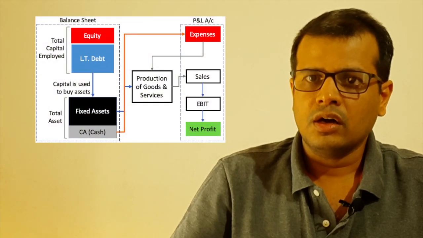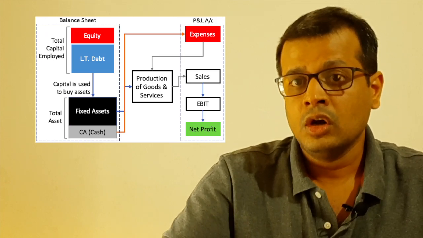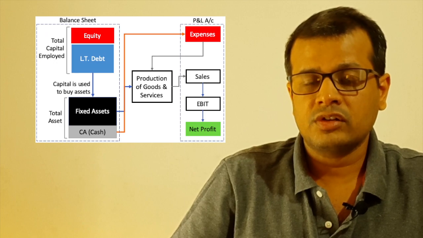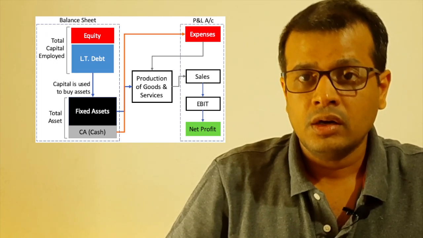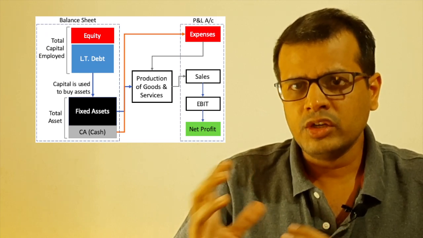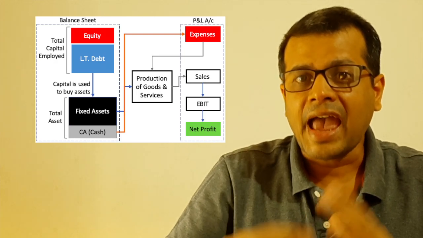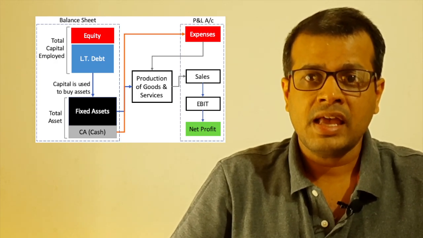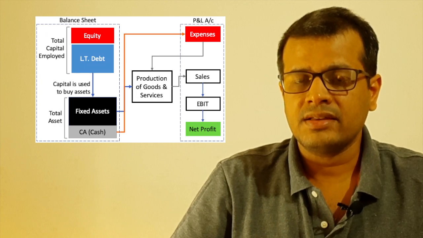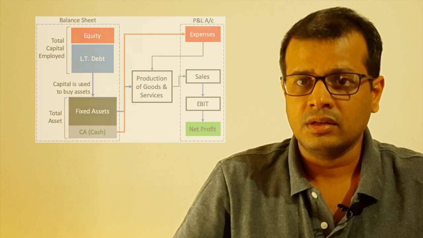Now, you have taken a loan for your business, and you will use this loan maybe to buy a new machinery or to expand your manufacturing facility or to hire more qualified people, whatever. You will use this loan amount to increase the asset size of your business, and the increased asset size will result in more sales and more profit.